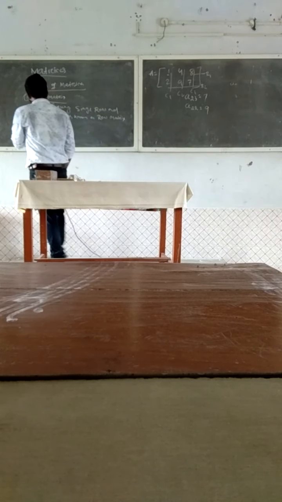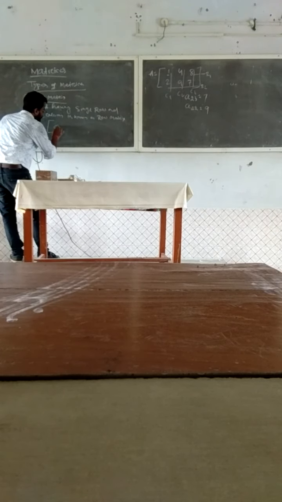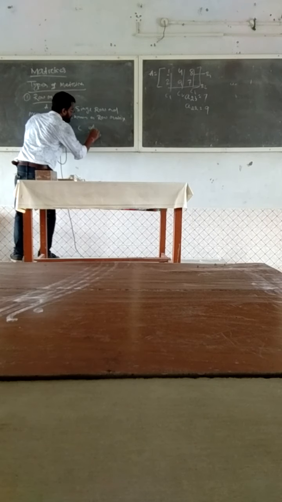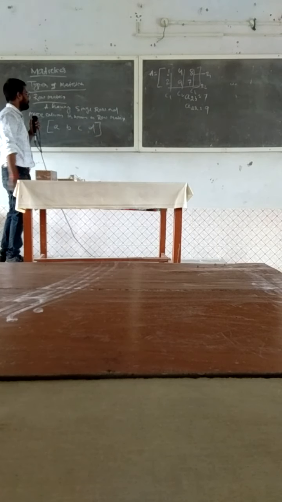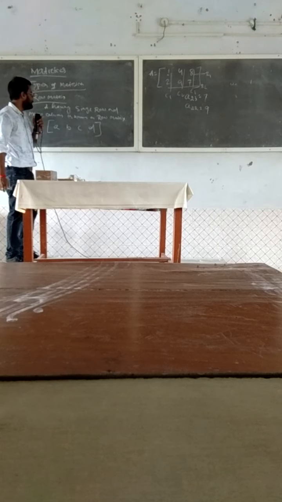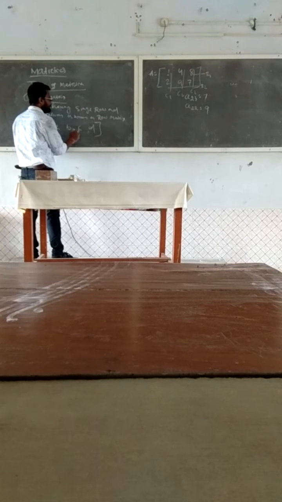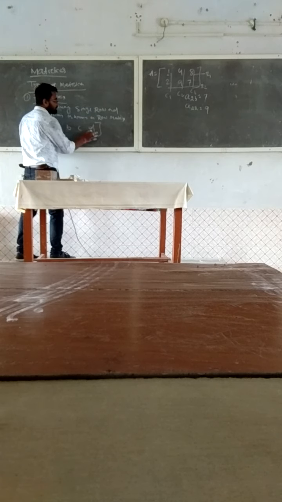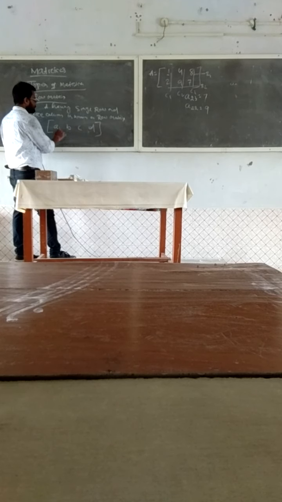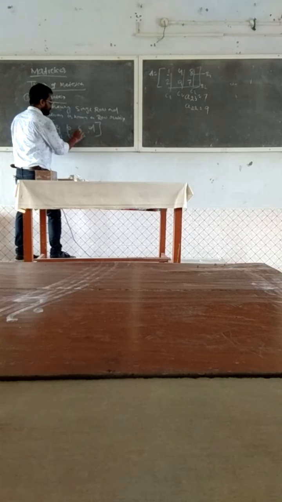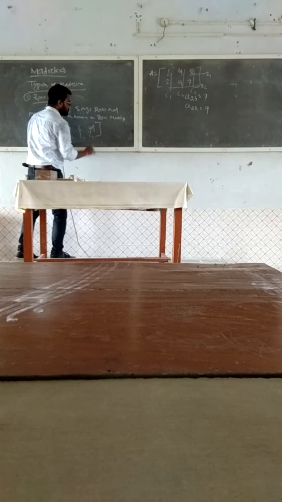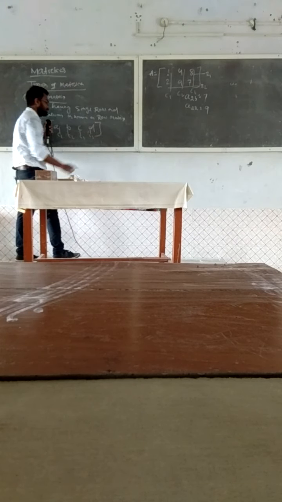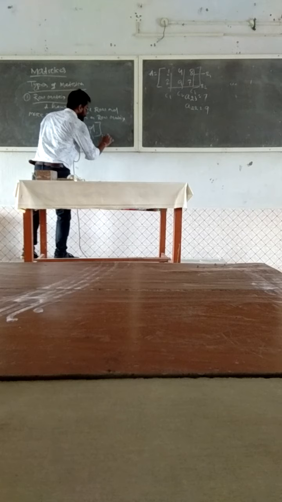That is like A, B, C, D. This is an example of a row matrix and the elements are A, B, C, D. Here the matrix has only one row and four columns. This is column 1, column 2, column 3 and column 4. So the order of this matrix is 1 by 4.